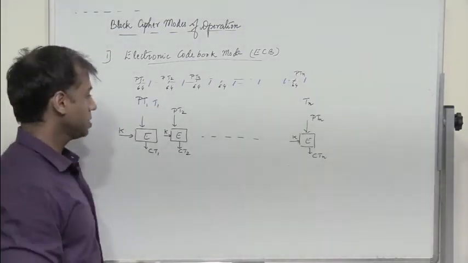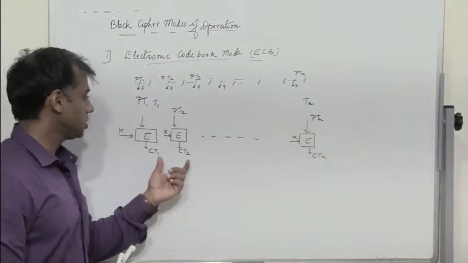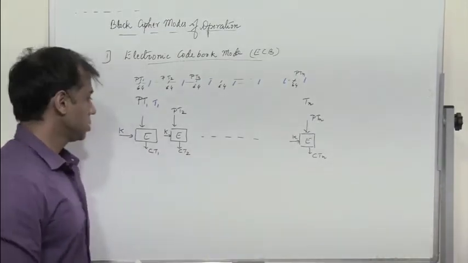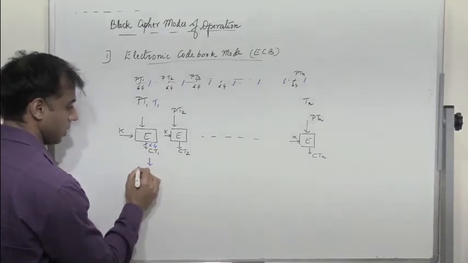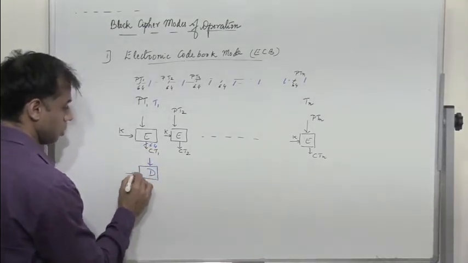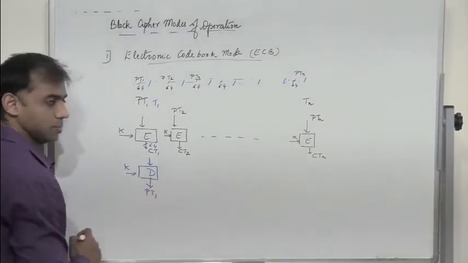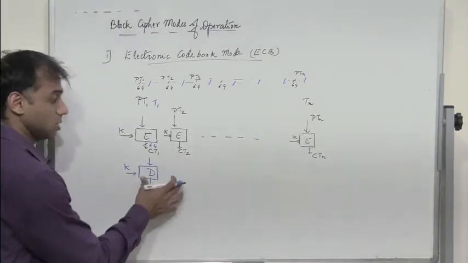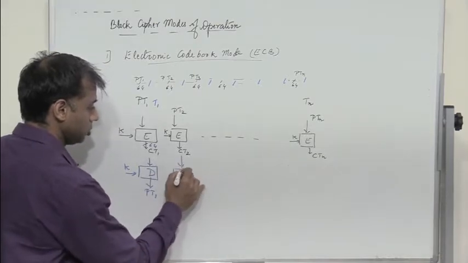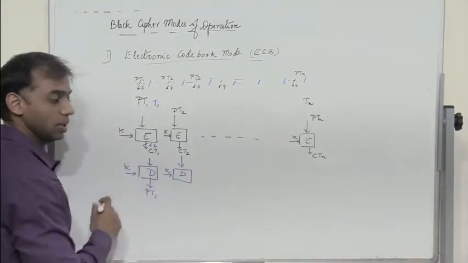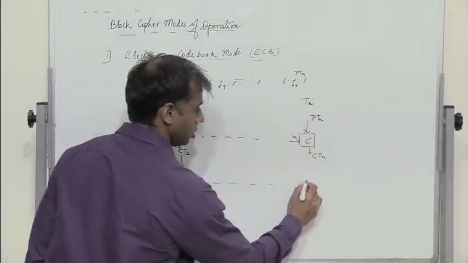For decryption, I get the entire ciphertext, which is all these 64-bit blocks appended. I consider the first block of ciphertext of length 64 bits and give it to the decryption algorithm, which uses the same secret key K, producing PT1. Then, in the next time segment, at the receiving end, we give CT2 to the decryption algorithm using the same secret key K to produce PT2, and so on.